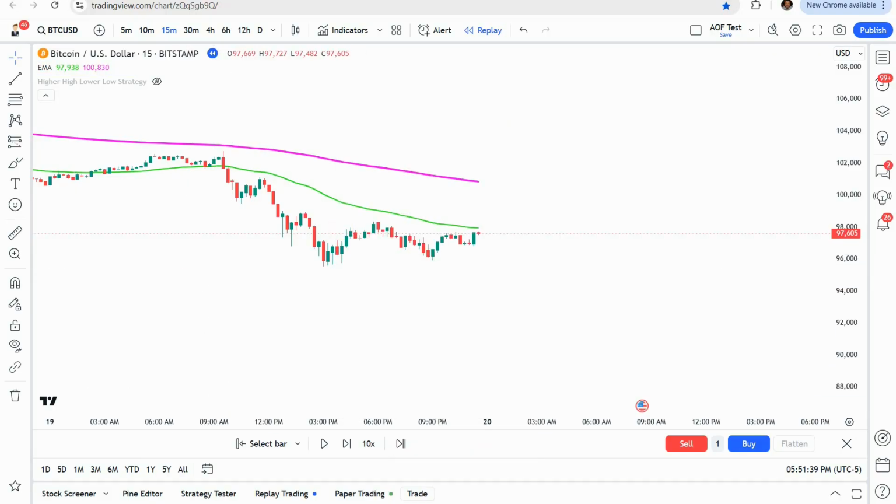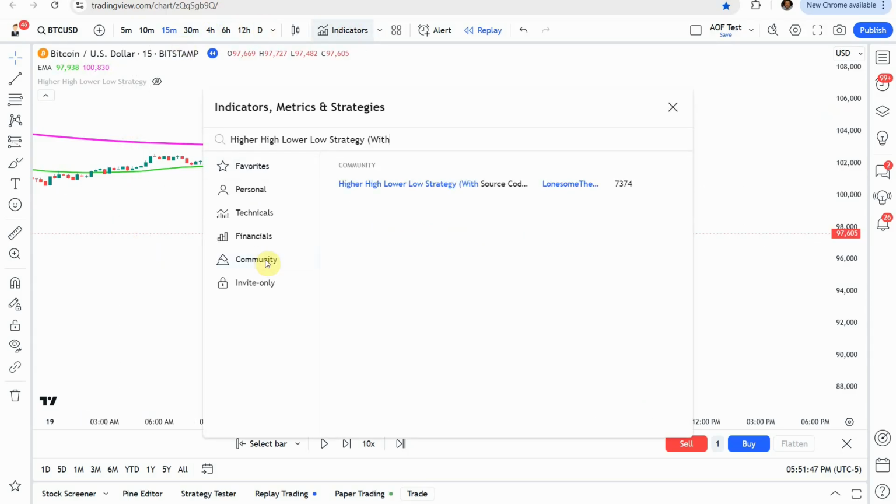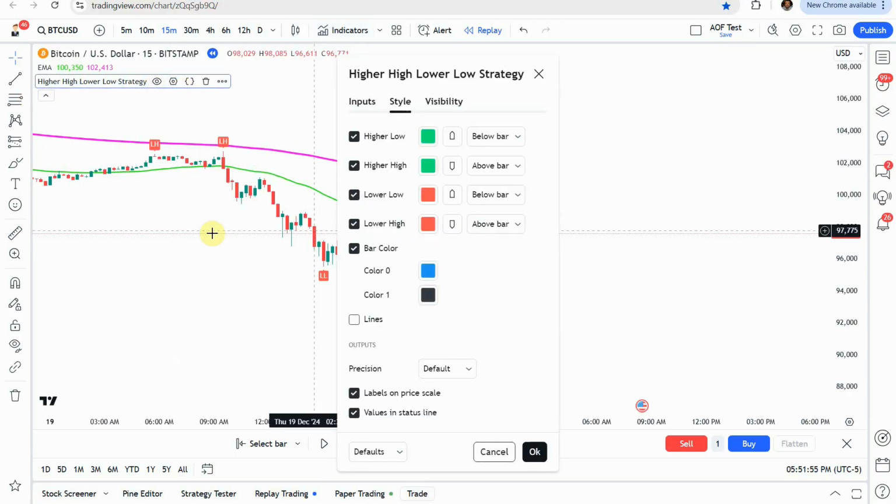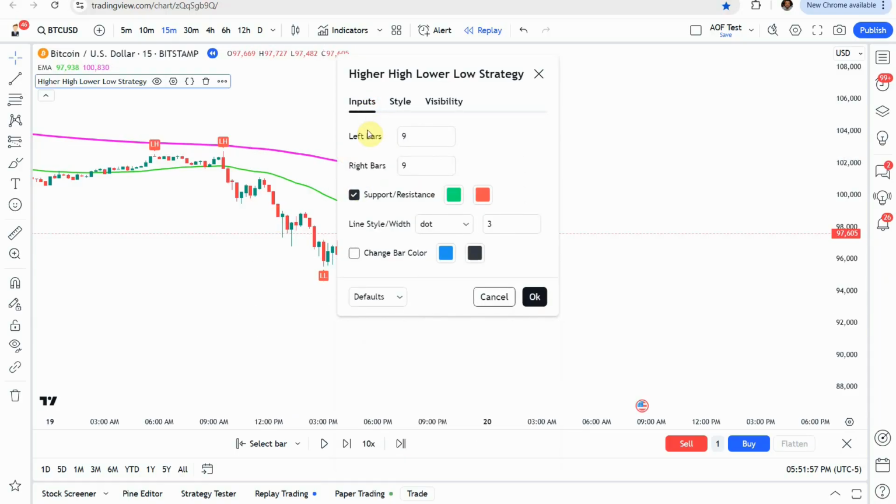And so the next indicator we will add to the screen is going to be the higher high, lower low strategy, and it's this one right here. Go ahead and click on that and add it to the screen, and we'll jump into the settings. Under the inputs, the left bar we're going to change to 9, and the right bar we're also going to change to 9.